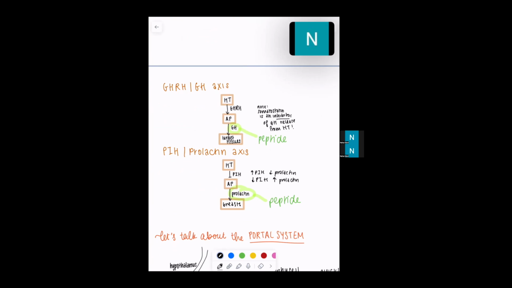And growth hormone is a peptide hormone. Peptide hormones typically bind to some external receptor, and each signaling pathway is pretty different. It depends on the kind of receptor that you're dealing with.